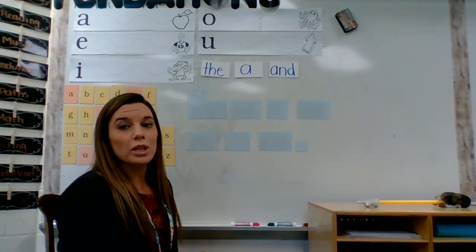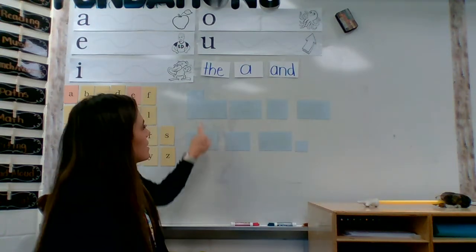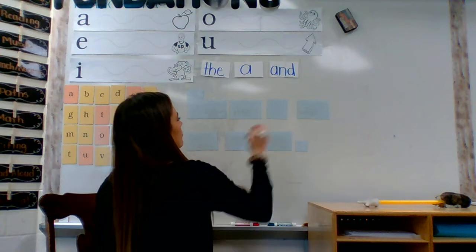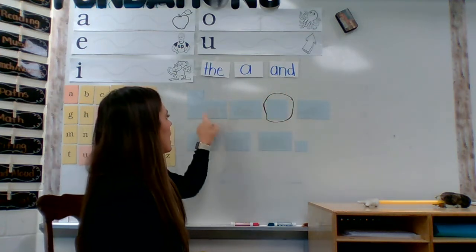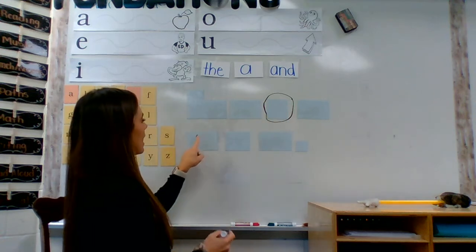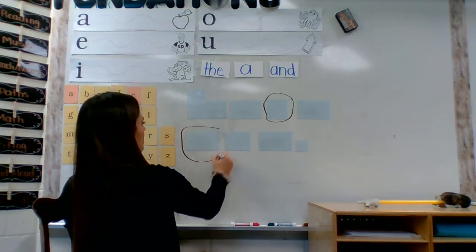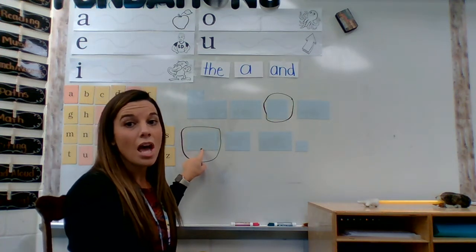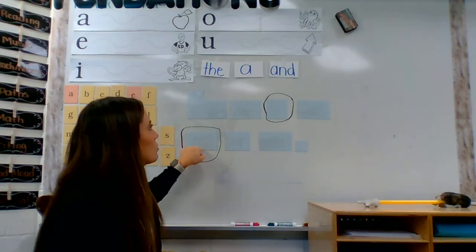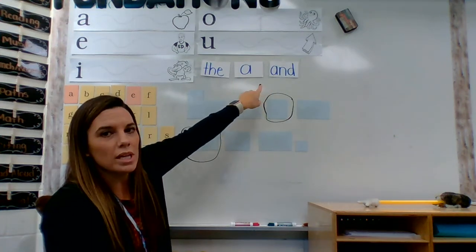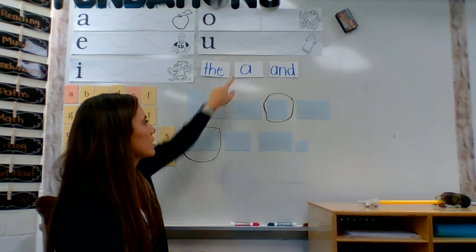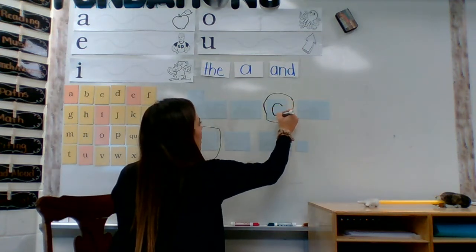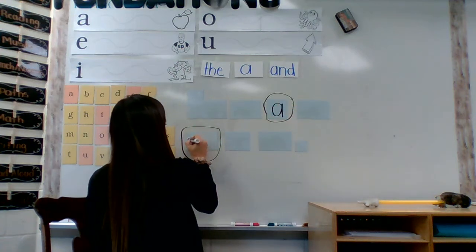Okay, when I read my sentence, Ted had a. This is going to be a trick word. Ted had a cat and this is another trick word, okay? I circled these because these are words that we are reviewing this week, so I don't have to sound them out when I'm spelling because I have them right here. A, and.